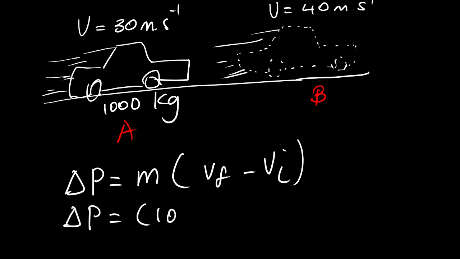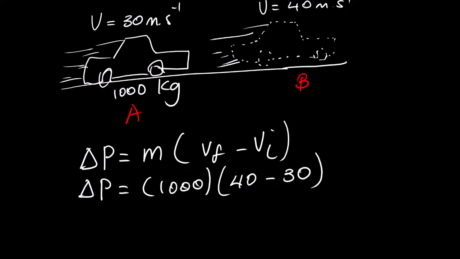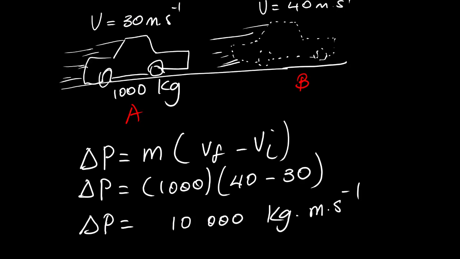So the mass is 1000, the final velocity is 40 minus initial is 30. The change in momentum will be 10,000 kg meters per second.